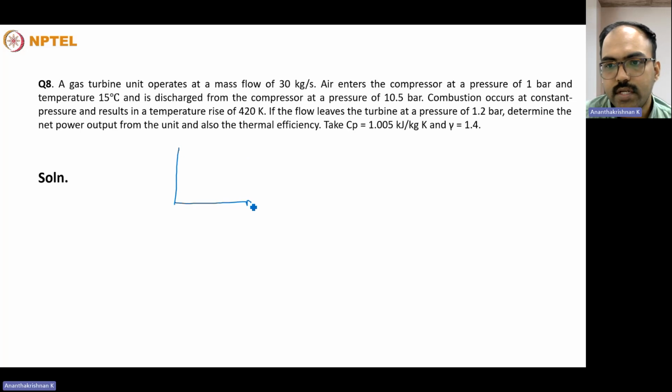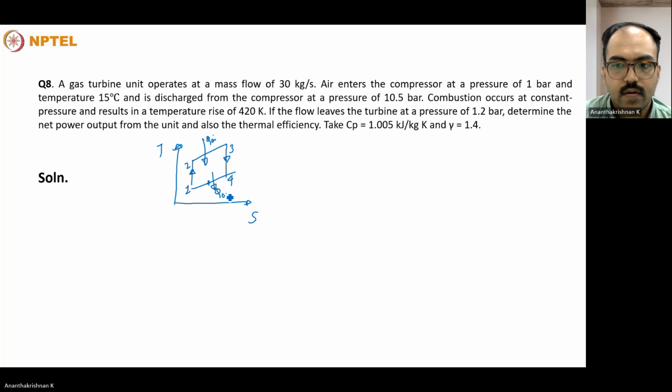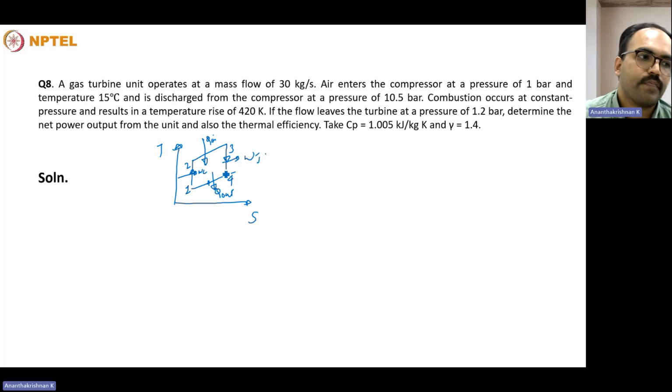If I try to plot this in a TS plane: 1 to 2 isentropic compression, heat input, isentropic expansion process, then heat rejection. Compressor work and turbine work.